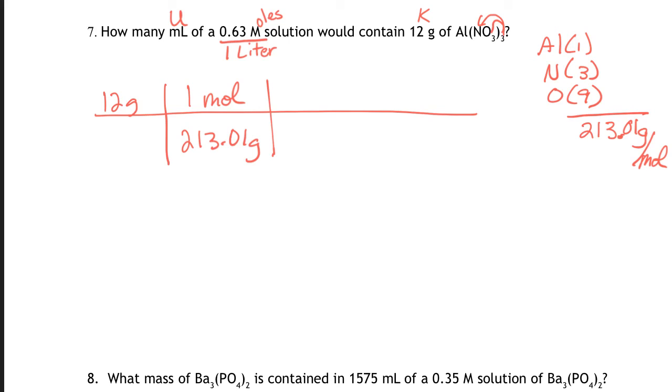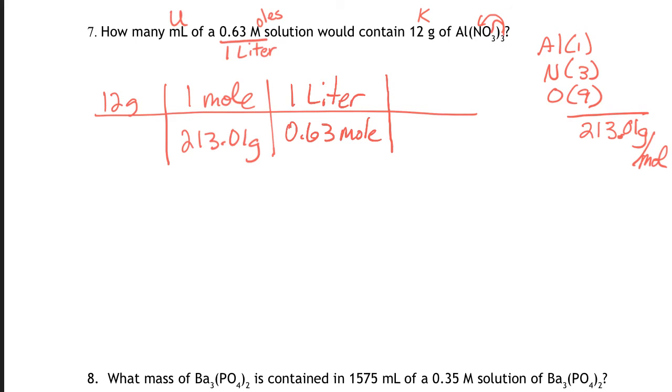I'm using my conversion factor. So now I've got mole on the top. I need to match that unit. And now I'm going to get my molarity conversion factor. So 0.63 moles to 1 liter. Not quite done yet because I have to have my answer in milliliters.